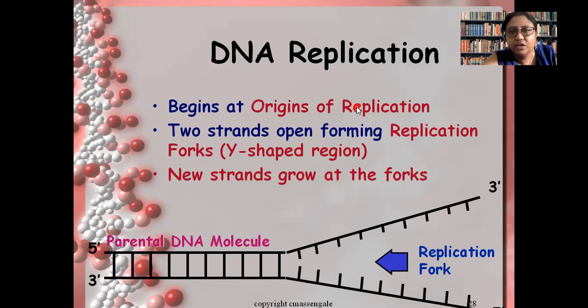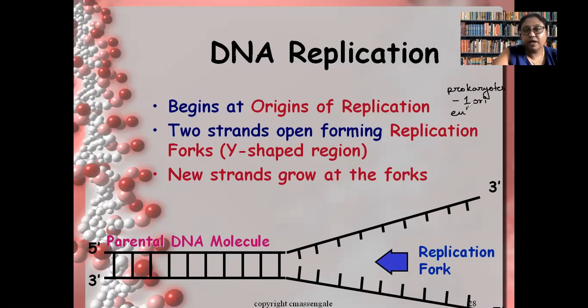It is denoted as ORI in a DNA structure. Now, in case of prokaryotes, as I told you, their DNA is comparatively smaller in size. In case of prokaryotes, one origin of replication is there.